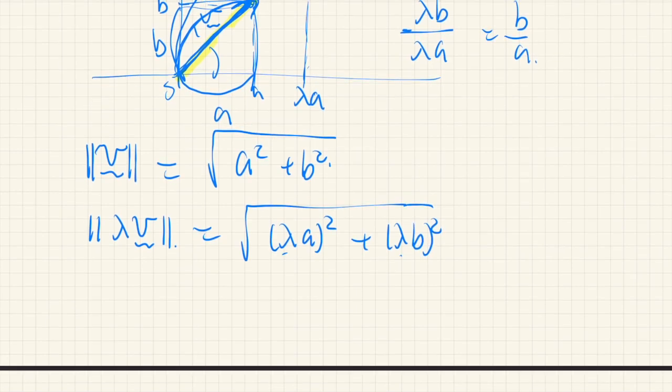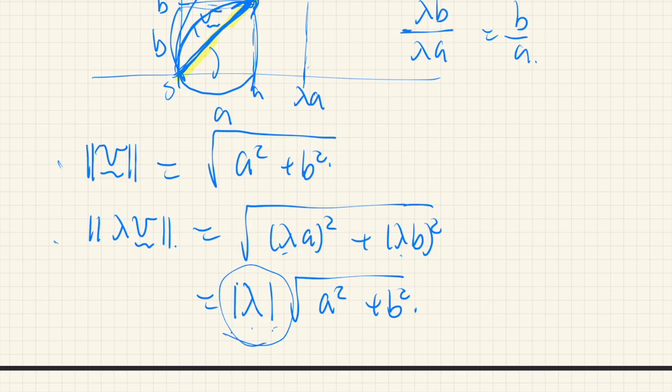We have the same factor lambda, so we can take it out, but it becomes an absolute value. In general, lambda can be negative, so let's take the absolute value here, times the square root of A squared plus B squared. So the ratio between this and this is lambda. To be precise, it's the absolute value of lambda.